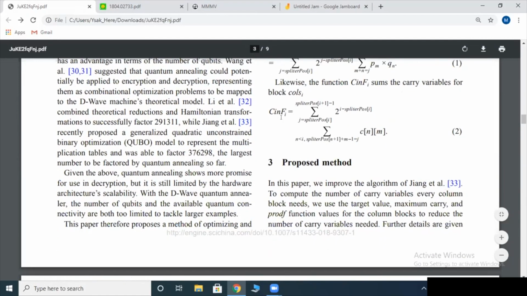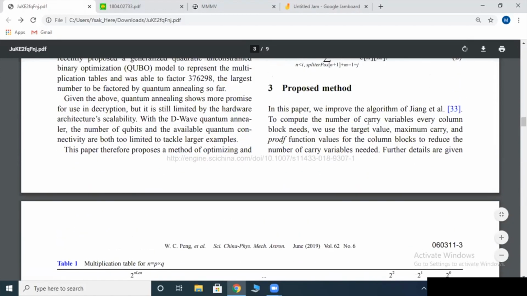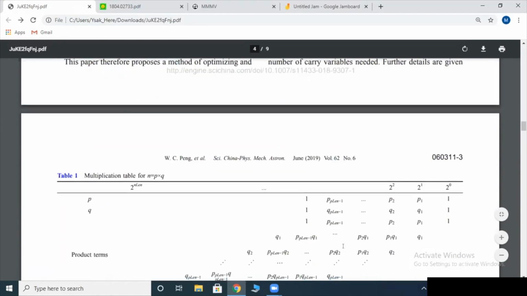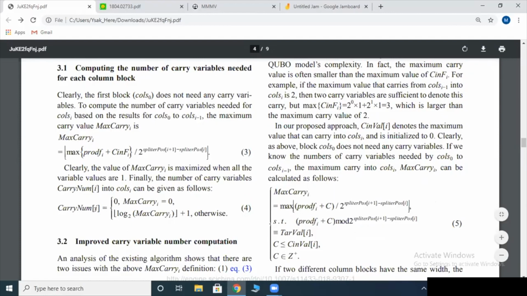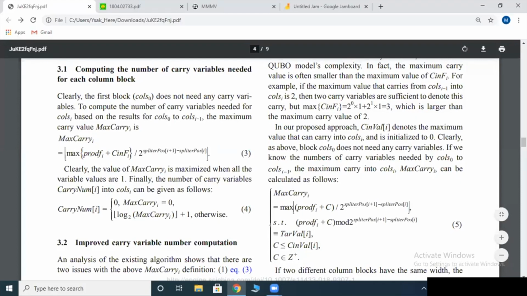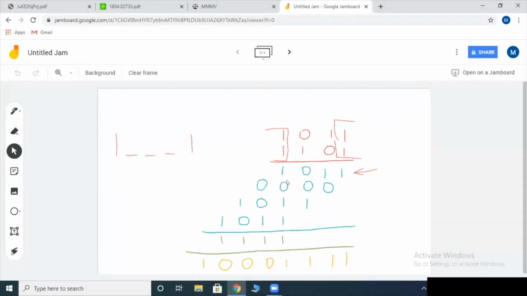Now, the carry for that particular column is again the sum of those carries. Why we are doing this is that we need to understand the maximum number of carry variable bits that we have to assign there. Looking at this, we can understand what the maximum scenario of carry could be.